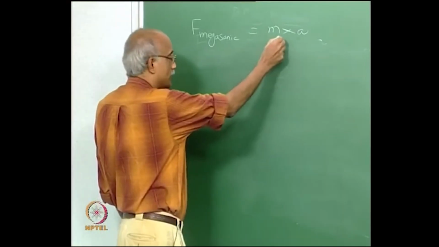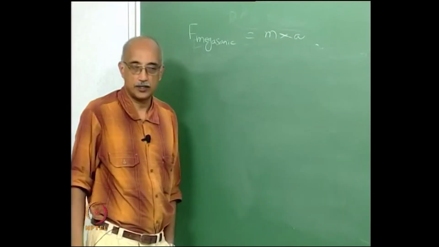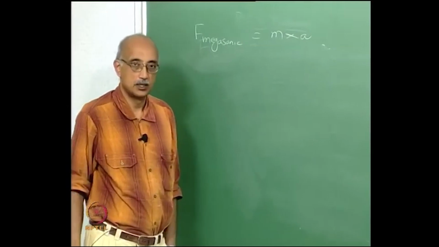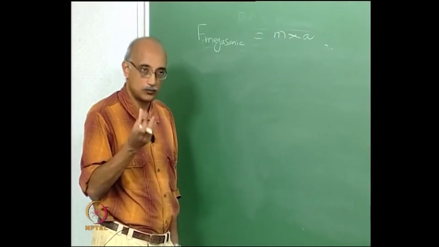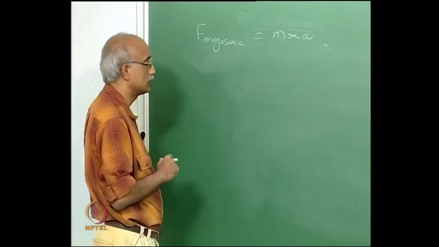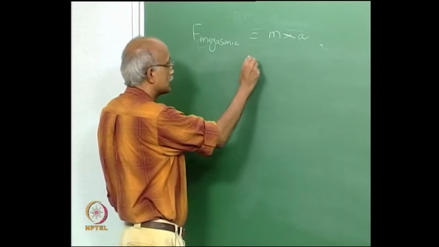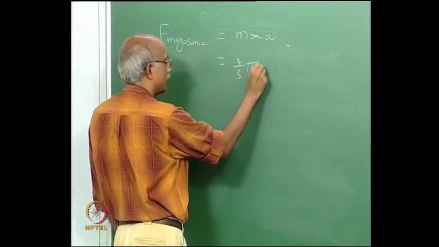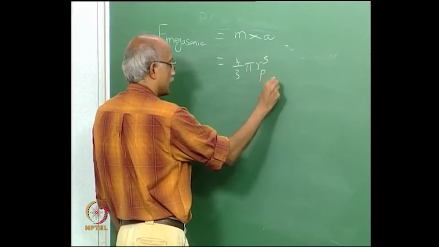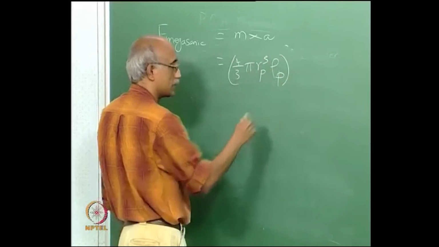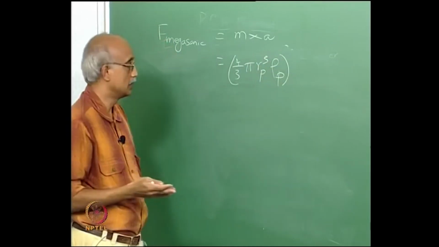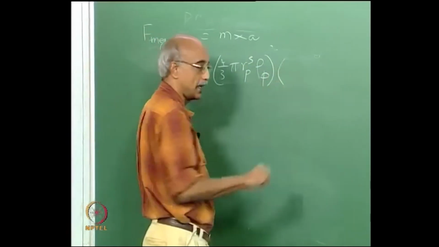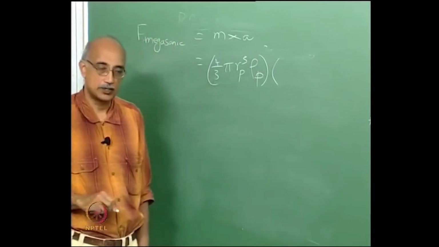So the mass of the particle multiplied by the acceleration that it experiences will be the total force that is supplied to the particle by the megasonic field. So the mass of the particle is, let's say, 4/3 pi rp cubed times rho p, which is the mass of the particle that you are trying to remove, times the acceleration in a megasonic field.